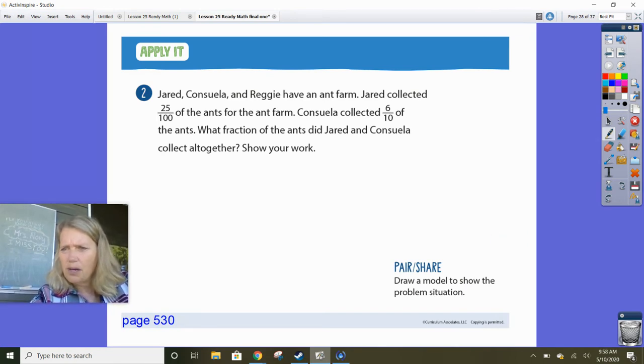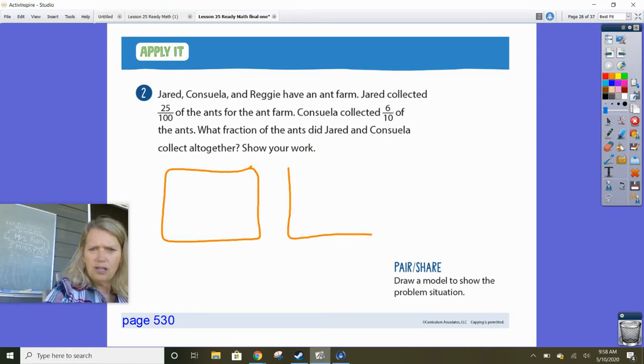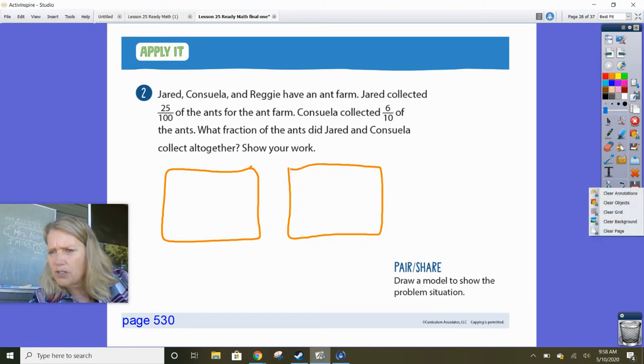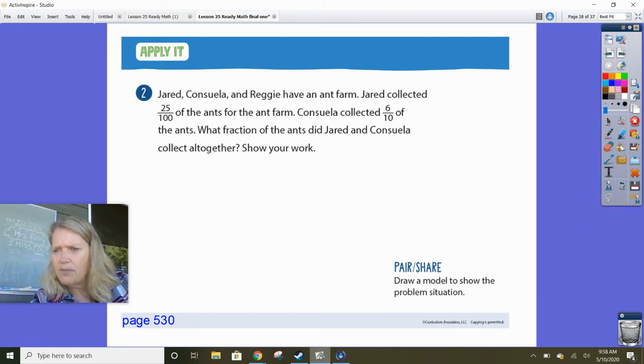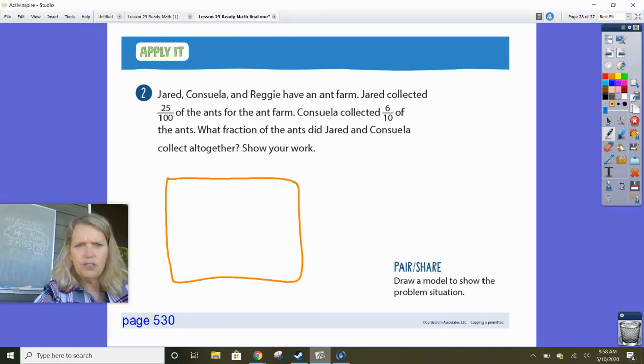Alrighty, so models are a little bit harder, but I'll go ahead and do one. Let's clear that. Whoopsies. Okay, here's my model. That big rectangle represents all of the ants.